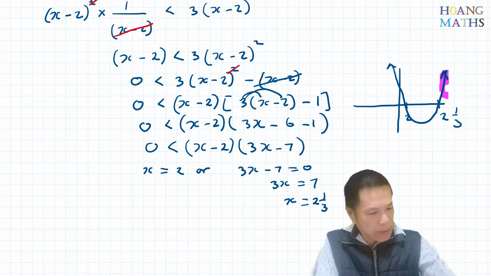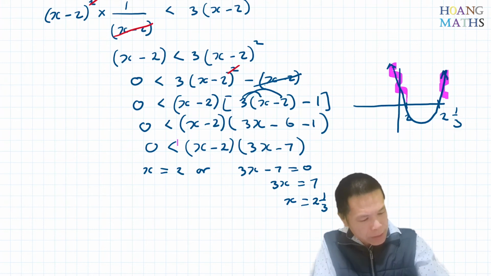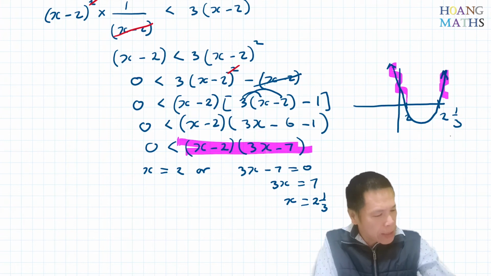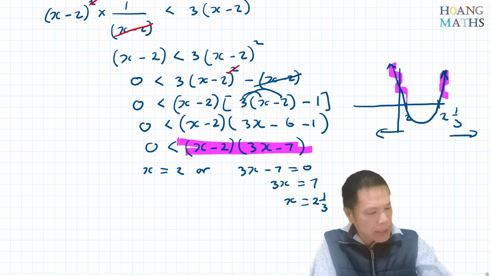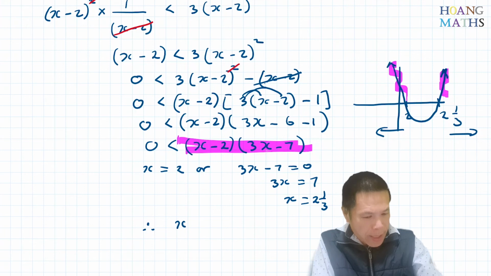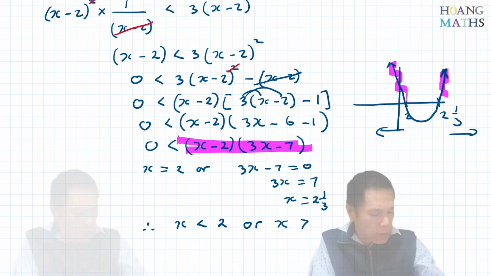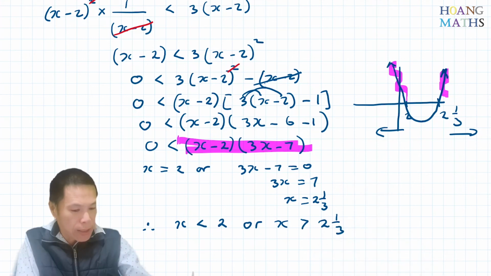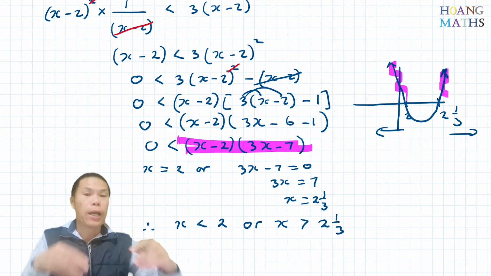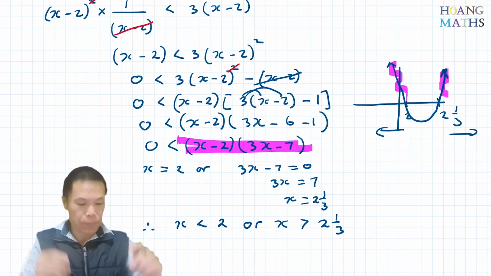So this part, because it's greater than 0, we look at this. So the answer is this part and this part. So therefore, x is less than 2 or x is greater than 2 and a third. And there's no equal. And this is the answer.